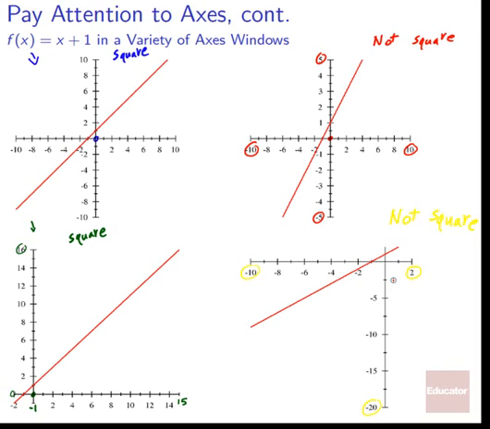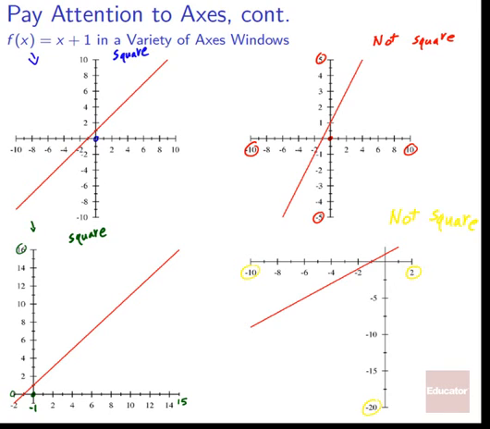Horizontal axis length of 12, vertical axis length of more than 20. As opposed to being squished horizontally, it's been stretched horizontally because now it's got less stuff to show horizontally than vertically. We've squished it vertically because we're trying to cram in more vertical information while not having to cram in as much horizontal information. So it's been squished vertically.